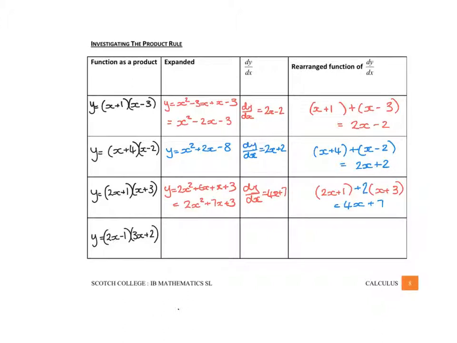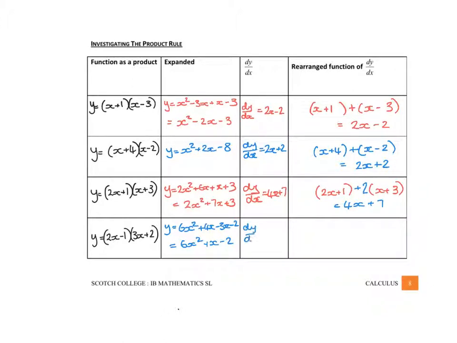Okay, we'll do one more. When we expand this one out, we get y equals 6x squared plus 4x minus 3x minus 2, which is 6x squared plus x minus 2.